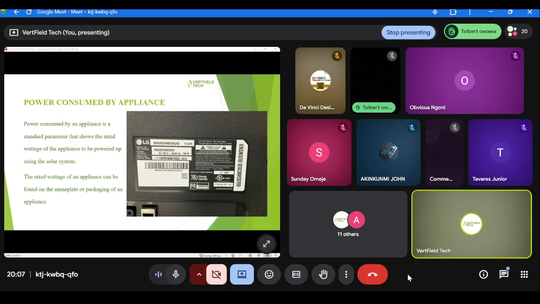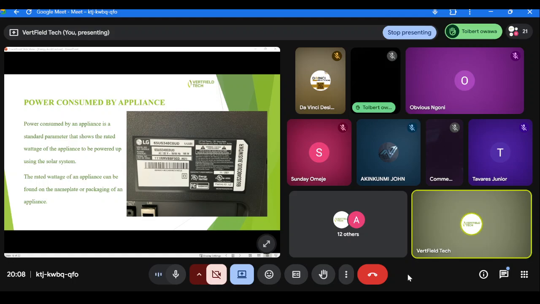That nameplate is the portion which tells you the various details concerning your appliance. It can be found on the body or on the packaging, which is the carton. The nameplate can contain the name of the maker, the country of make, serial number, IMEI number, current, voltage, wattage, and frequency of that particular appliance.